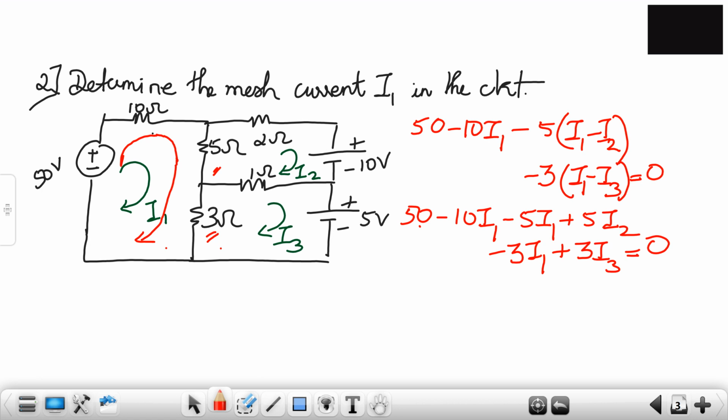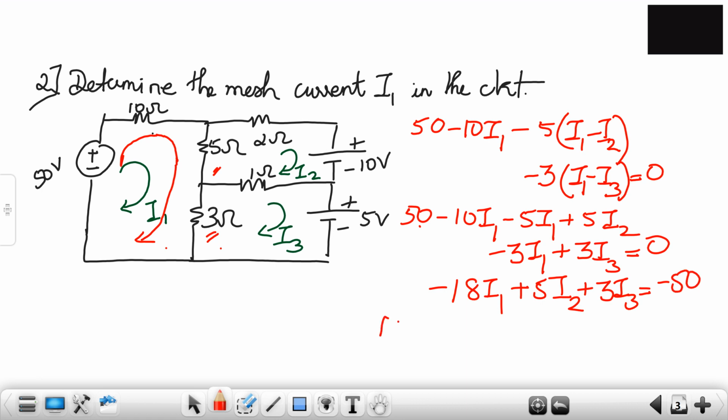So what will be your first equation? 10 plus 5 plus 3, so it will be minus 18 I1 plus 5 I2 plus 3 I3 is equal to minus 50.